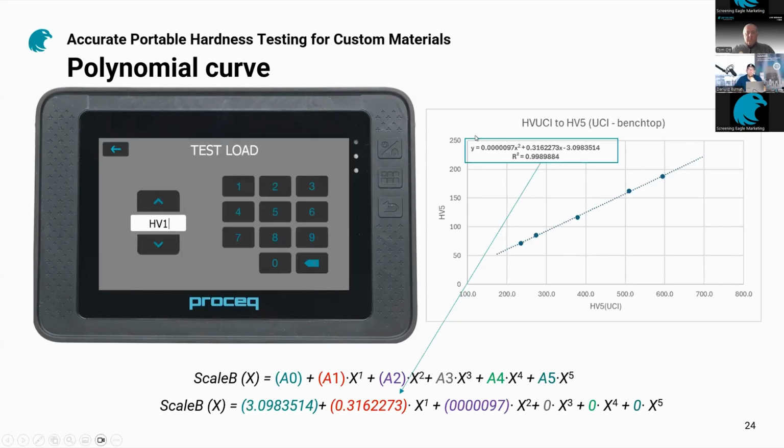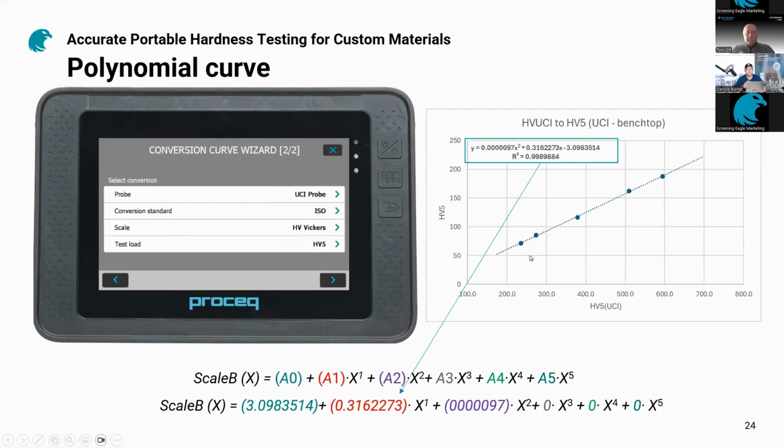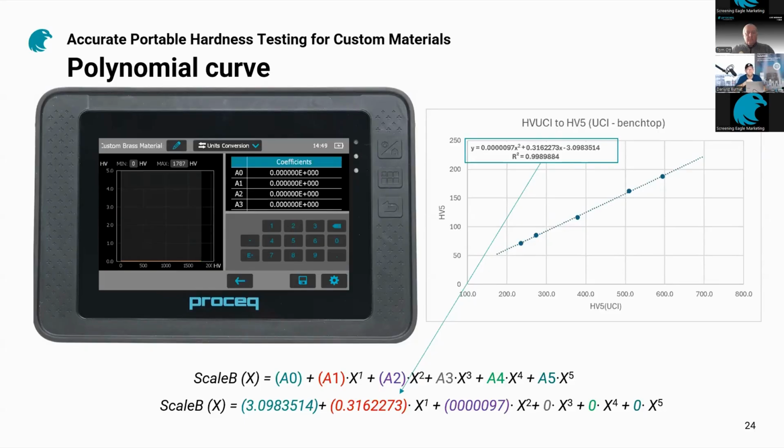And those curve parameters, which we received in this case from Excel, we simply want to transfer into the device. So here one simply needs to type those values in, and I will just speed up the process a little bit. And then at the end, you're generating a curve.